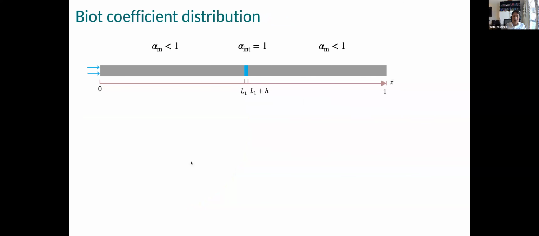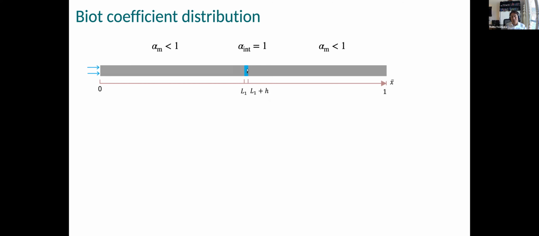So then we consider this very simple setting. It's just a 1D bar, and we inject fluid from the left side. And then we also assume that there is some weak interface in the middle of this bar. Okay.